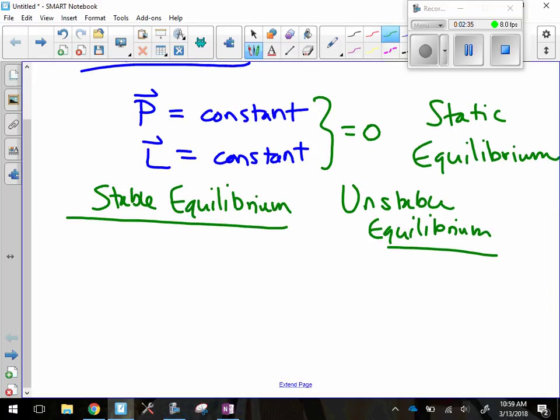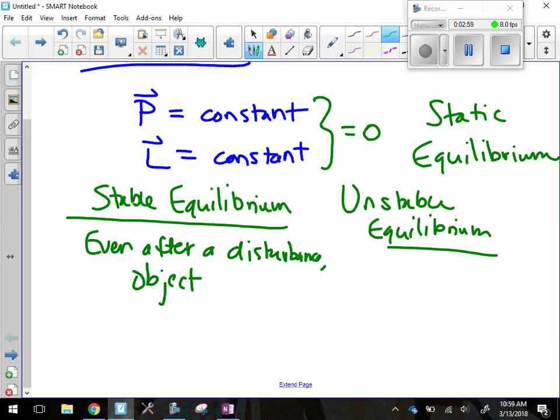So in stable equilibrium, remember that even after a disturbance, the object returns to equilibrium.